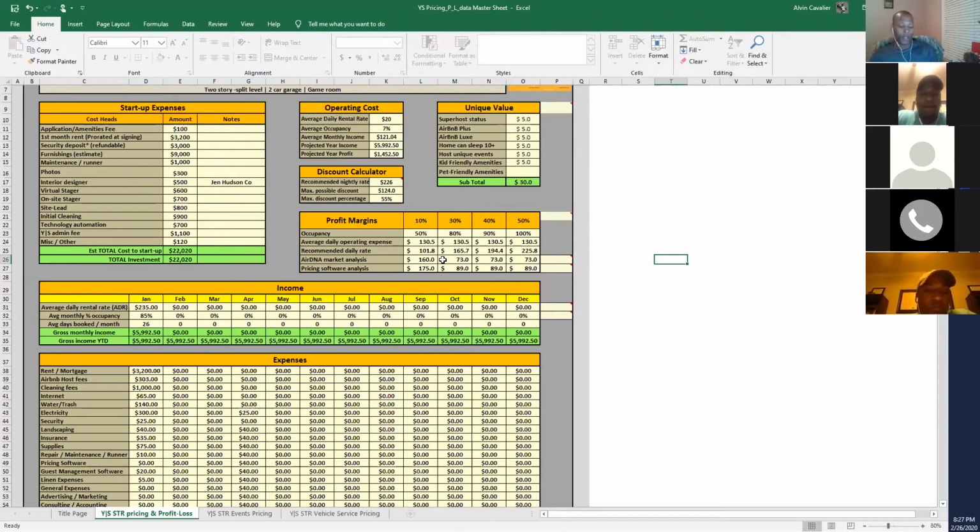Now, the other thing to note is you can see here there's a range of profit margins and occupancy rates. So we can tier this and go 20, 30, 40, 50, 70, 80, 90, and 100.